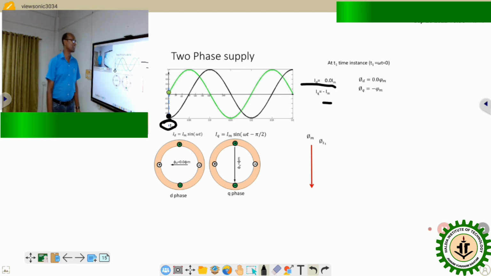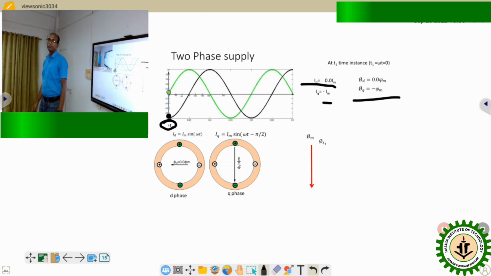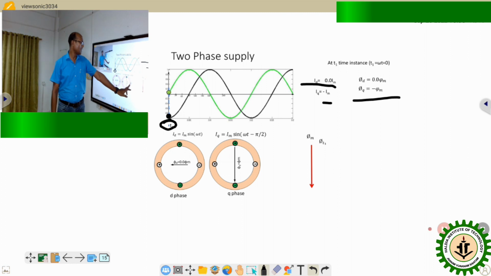Because Iq equals minus Im, phi q also will be minus phi m. So as it is minus Im, this side q is minus, and q dash is plus.